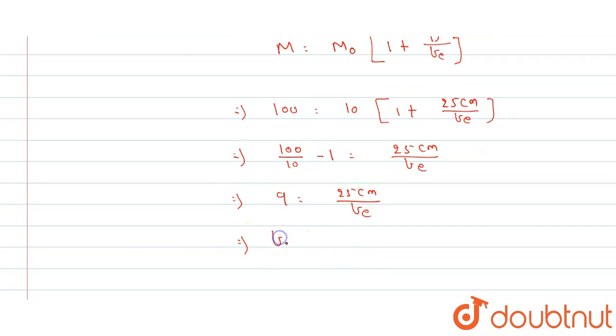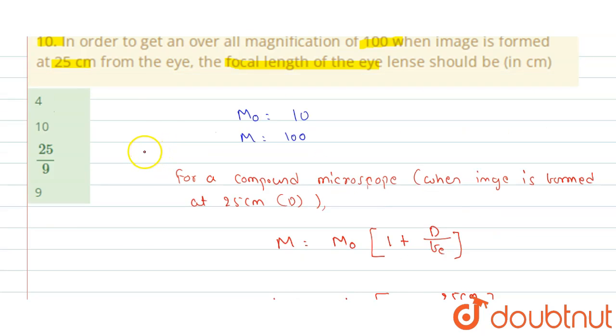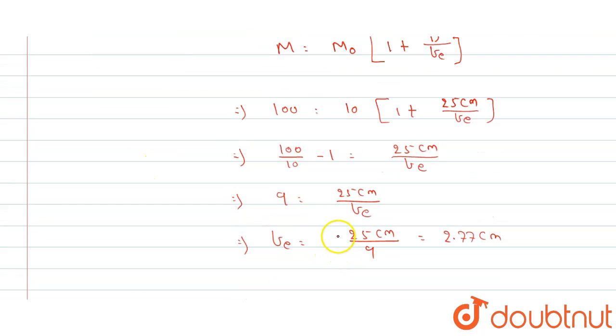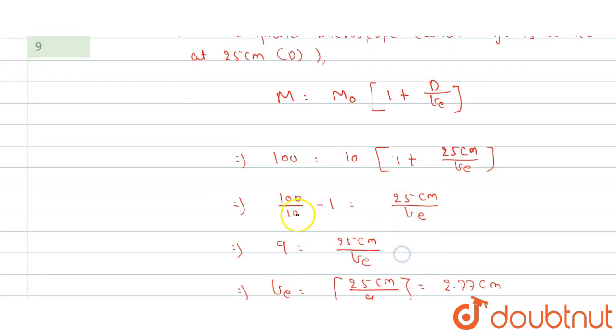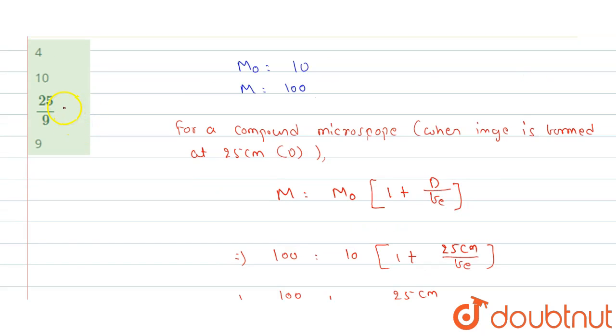That implies focal length of eye lens is equal to 25 centimeter divided by 9, that is 2.77 centimeter, and this matches with option 3. So option 3 is our answer.